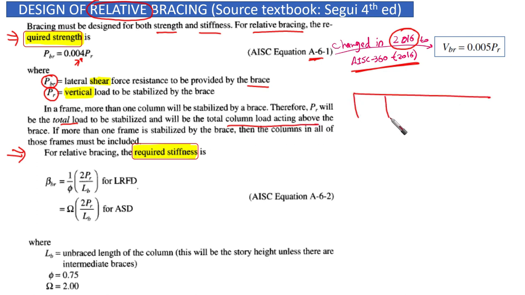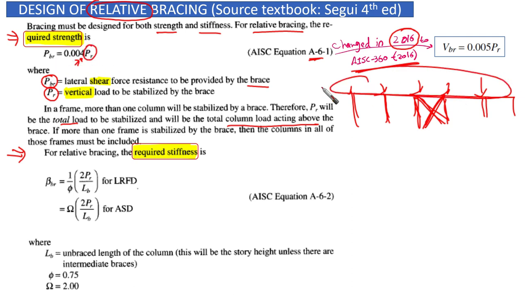As we said, if we have different columns, different panels, and we're going to use only one bracing, then we need to have all of these loads coming to the panels, and this PR is going to be the summation of all of these loads. If more than one frame is stabilized by the brace, then the columns in all of those frames must be included. This is the right equation according to Appendix 6 in the 2016 version.